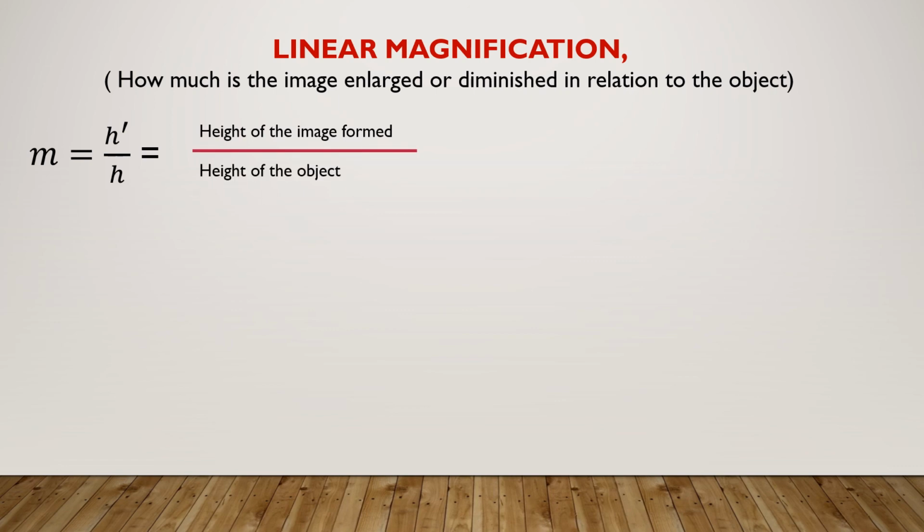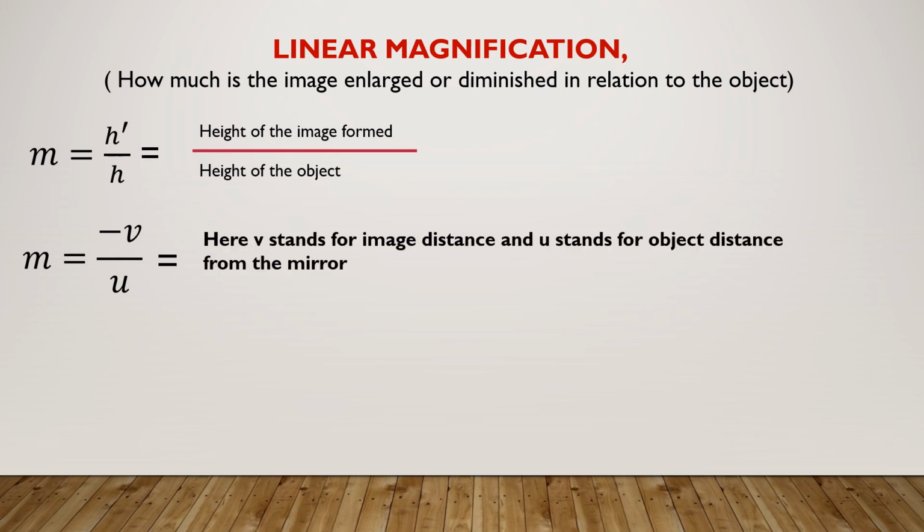So basically it will be a ratio, hence it will not have any units. There is another formula. Suppose h dash and h heights are not given, then you can utilize the image distance and the object distance. But while solving, sign convention has to be kept in mind. Okay, so this is what the terminology stands for, and what you have to remember every time.